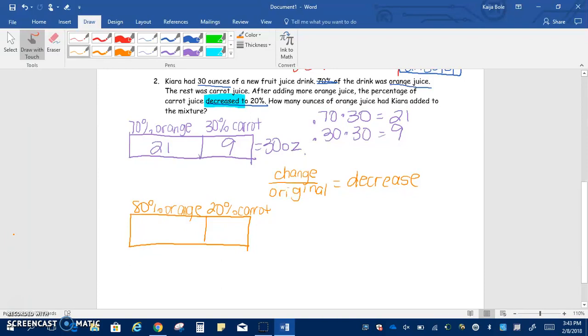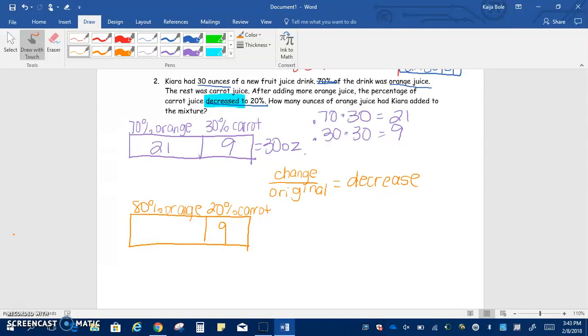And then going from here, if you look back, they only added more orange juice, which means that we still have 9 ounces of carrot juice. That doesn't change because they only added orange juice. So now we have to figure out how much orange juice that is. To find our total, we're going to have to use what we know.